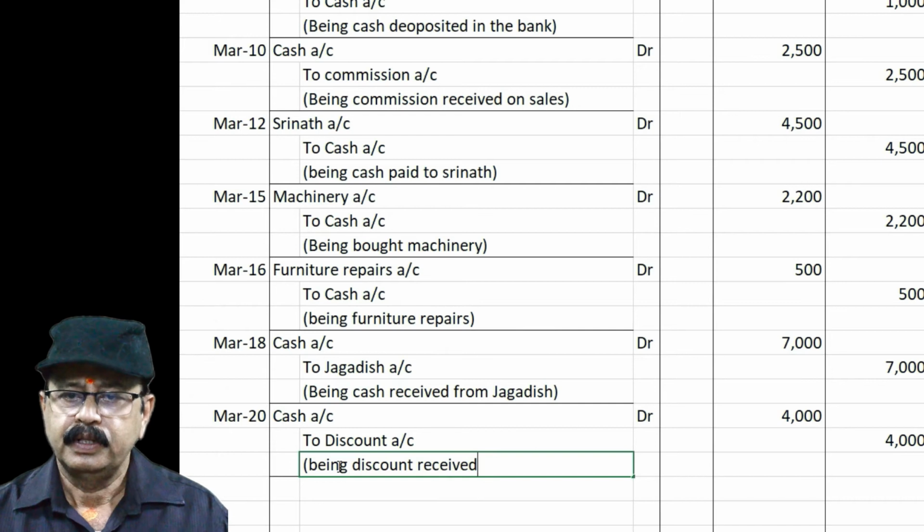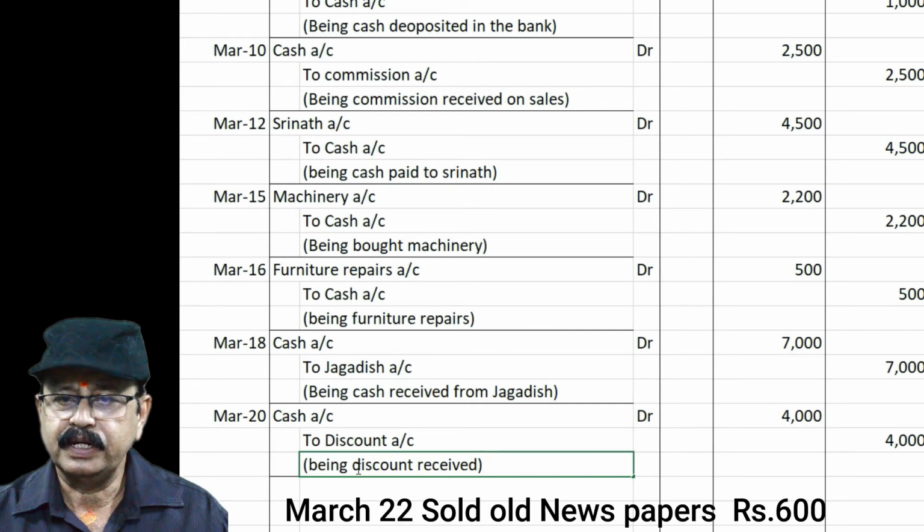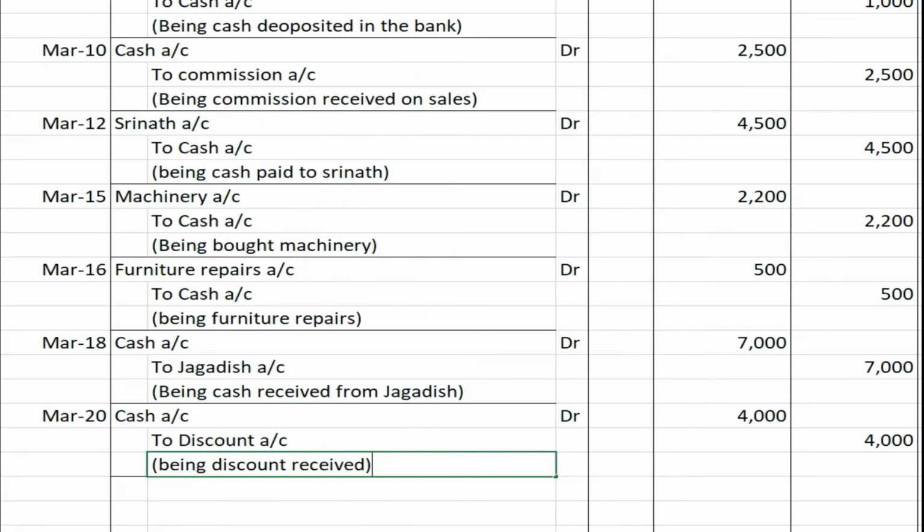Finish. Then March 22nd sold old newspaper 600. When we are selling old newspaper, newspapers are going credit. Cash account is debit. Now date is March 22nd.